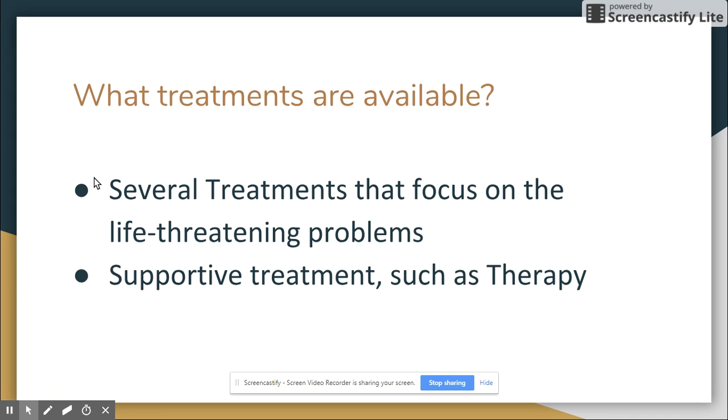So what treatments are available? There are several treatments for Edwards syndrome. Most of them focus on the life-threatening aspects of the disorder, like the infections and heart problems. In addition, the child will have to be fed through a feeding tube since the child will have feeding problems. As the child gets older and they develop limb abnormalities, they can go to supportive treatments such as physiotherapy and occupational therapy.